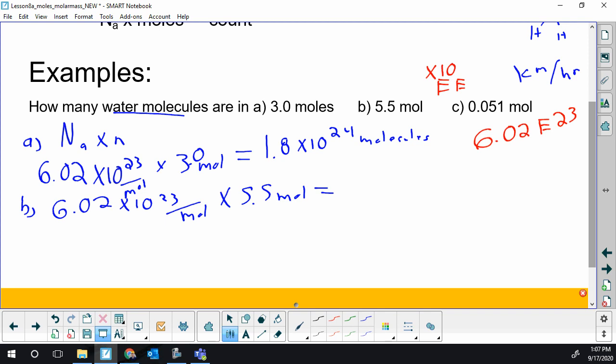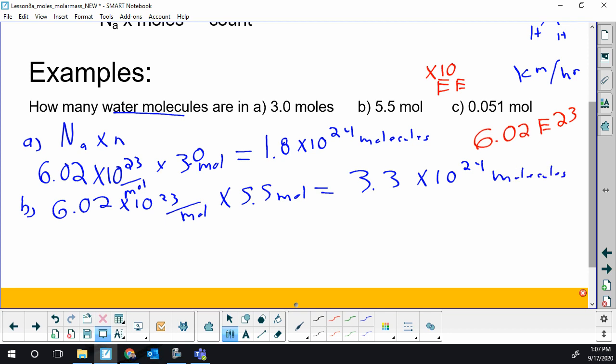So now we've got an even bigger amount of moles, so we should be getting an even bigger scientific notation number. A bigger power potentially, or at least this part getting bigger, and it works out to 3.3 times 10 to the 24 molecules.